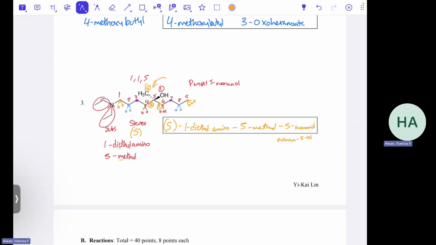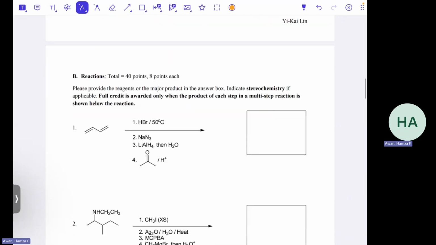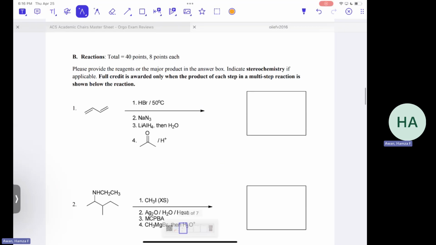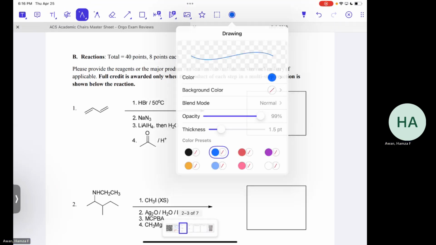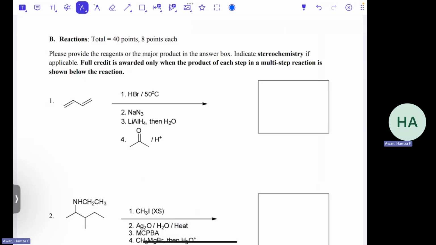Okay, and then going on. So this is going to be our start of our reaction section. So for the first question, we have HBr in 50 degrees Celsius. So HBr is going to brominate the alkene and is going to have the hydrogen on another one. But because it's 50 degrees Celsius, we actually have to take into account not the transition state, but the resonance.